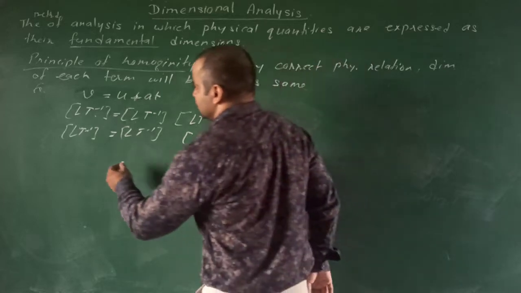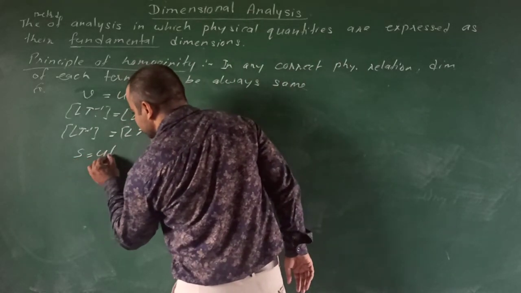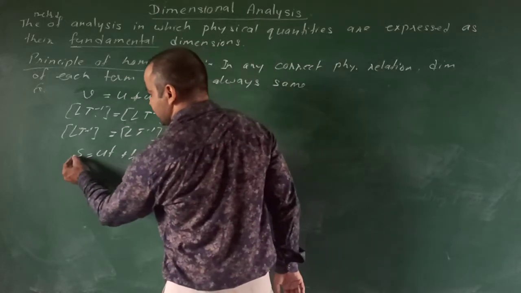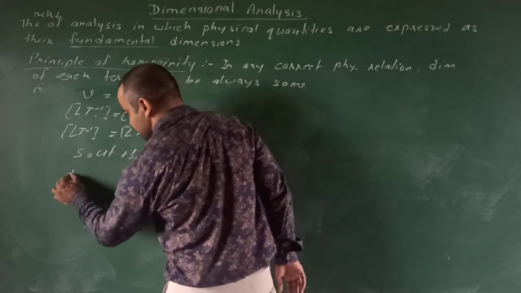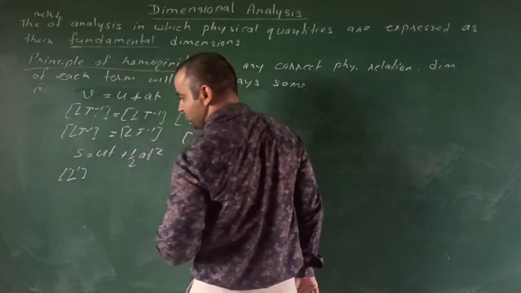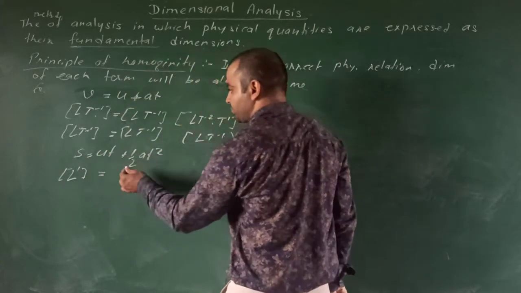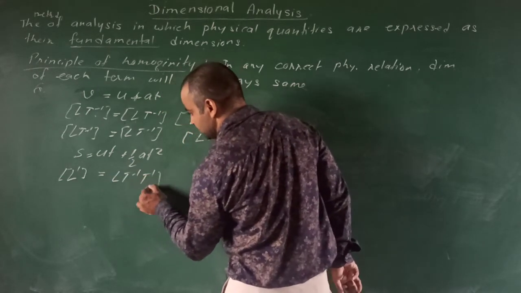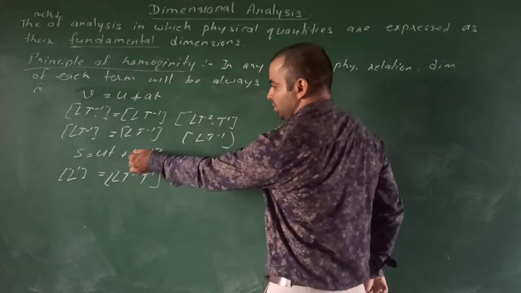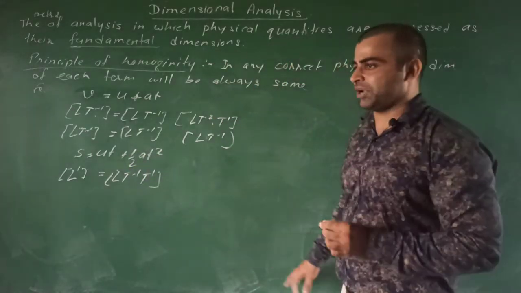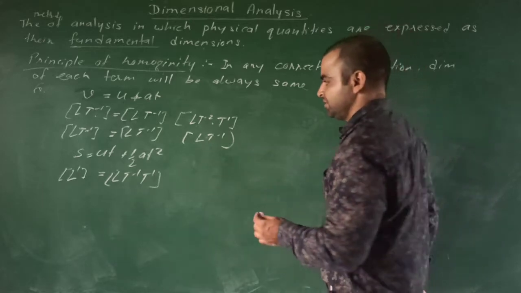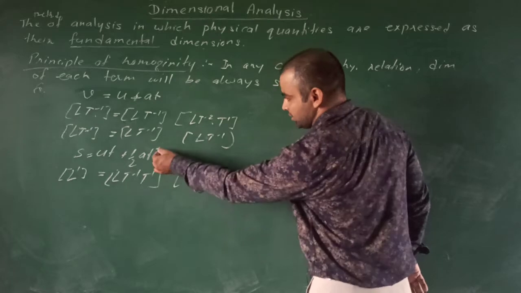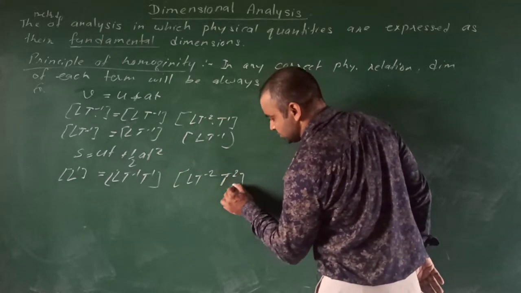Next, s equals ut plus half at squared. S is the distance and the dimension for distance is L^1. U is the velocity, LT^-1, and t is T^1. Half is a constant; we cannot find any dimension for a constant. Acceleration is LT^-2 and t squared is T^2.